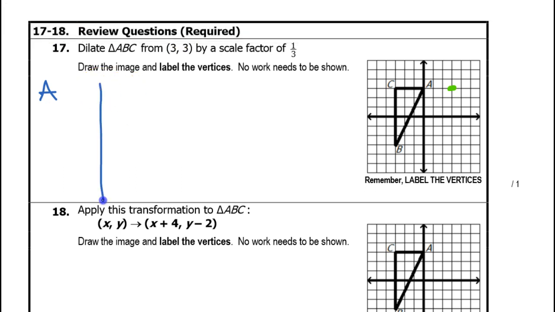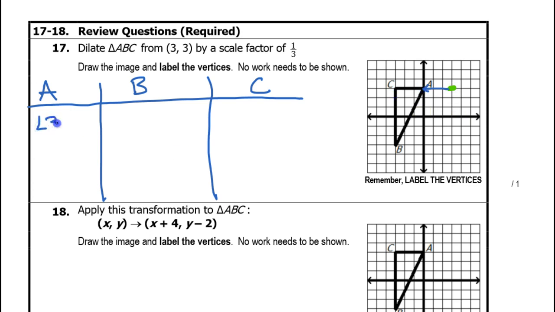So here I have A, then B, and then C. So the path to point A from the center, I would have to go left 3.